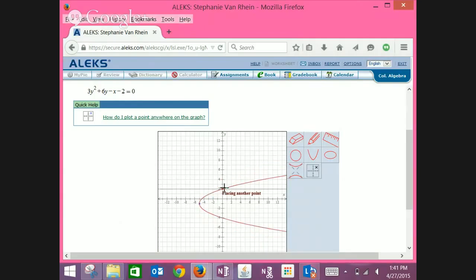If y was 0, so if y equals 0, what would x have to be? -2? So y equals 0, x is -2. So -2, 0.